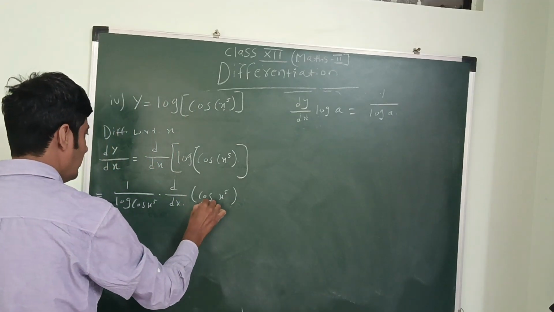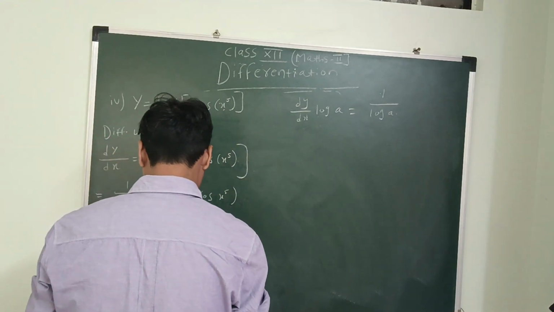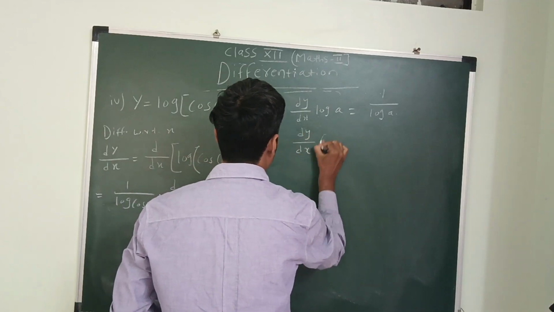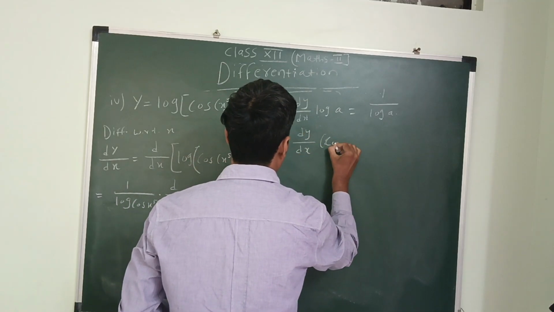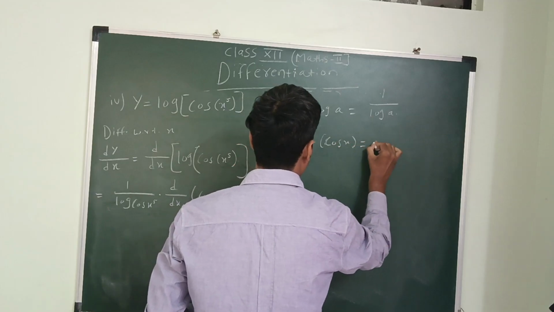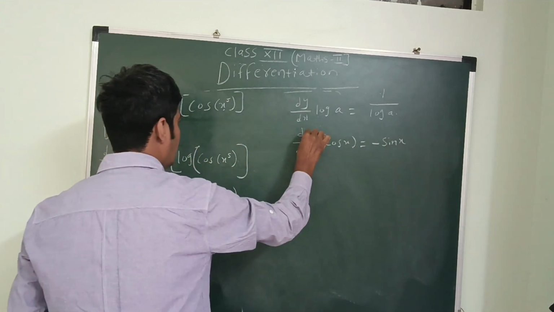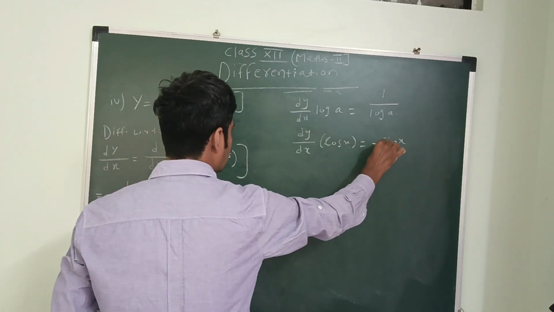Now what is the derivative for cos x? It is minus sin x.